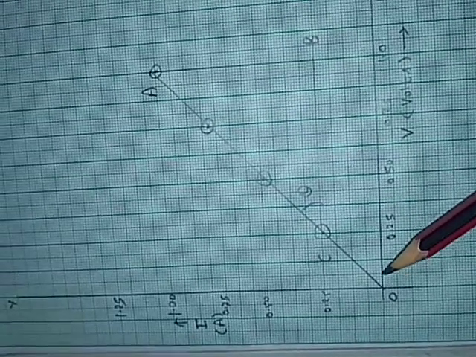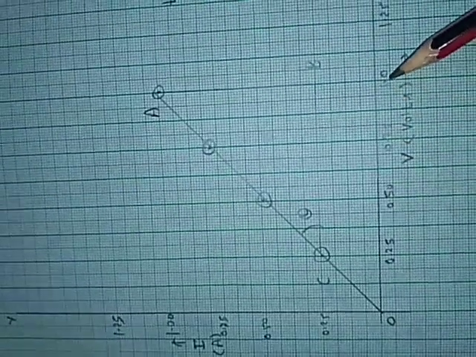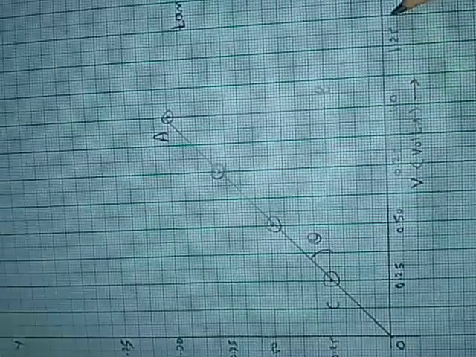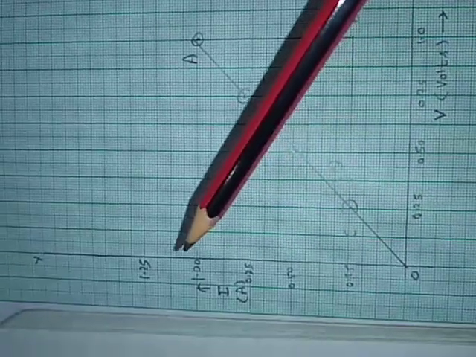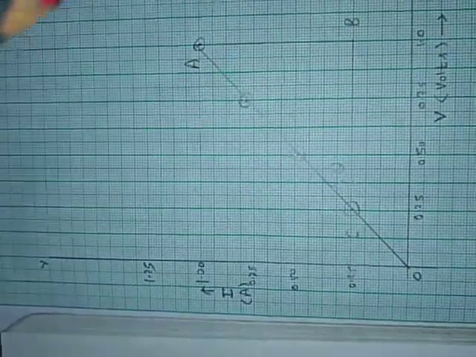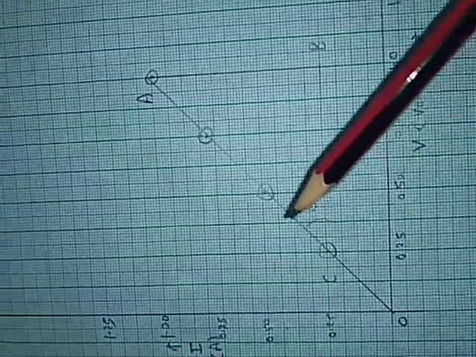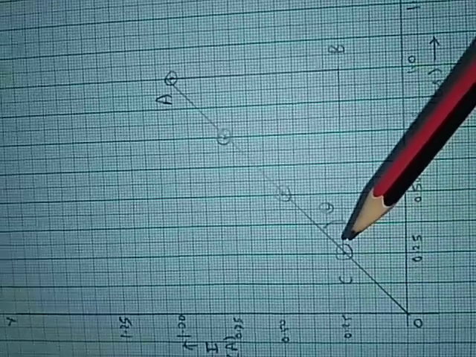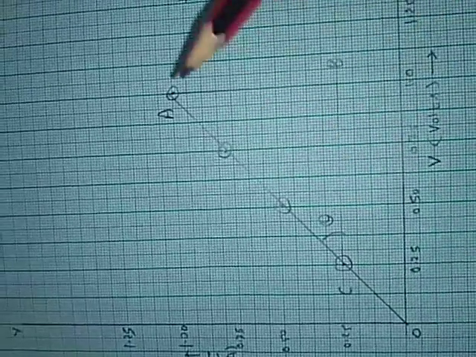We have taken the interval of 2 centimeters as 0.25, then 0.50, 0.75, 1.0, 1.25. Here also 0.25, 0.50, 0.75, 1.0 and 1.25. Now while we draw the graph with the points observed in the observation table, we get a straight line graph.